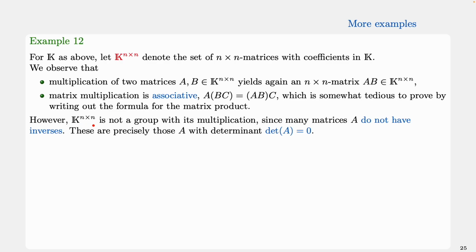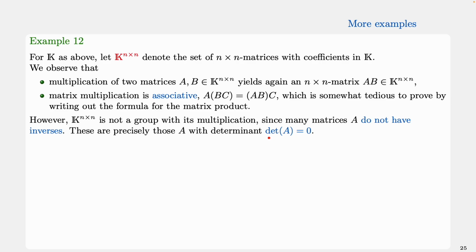But the n by n matrices do not form a group for its multiplication for a similar reason that we had for the sets K. It's simply the fact that many matrices do not have an inverse with regard to the multiplication of matrices, and these are precisely those matrices whose determinant is 0.